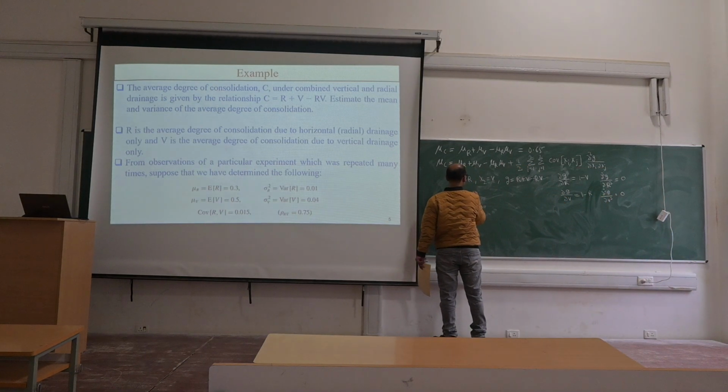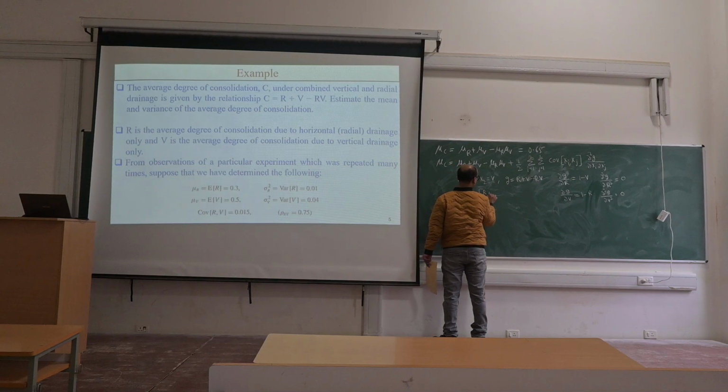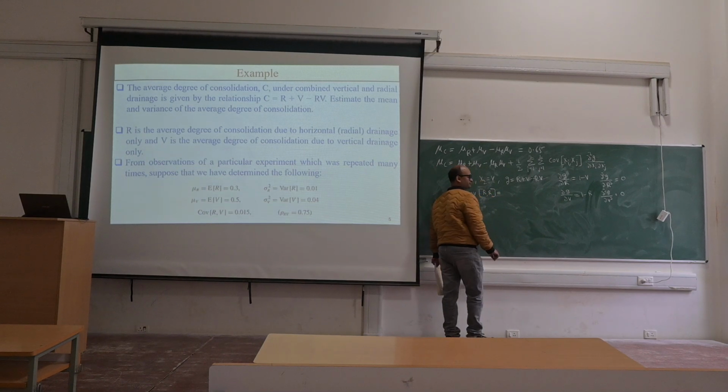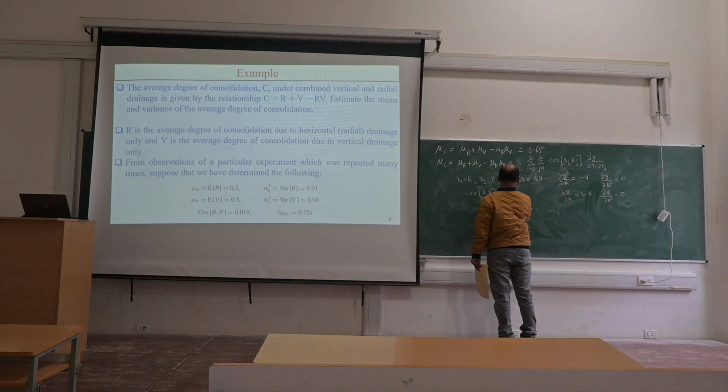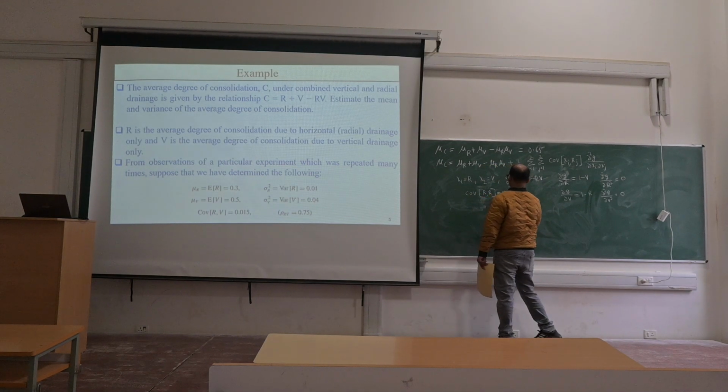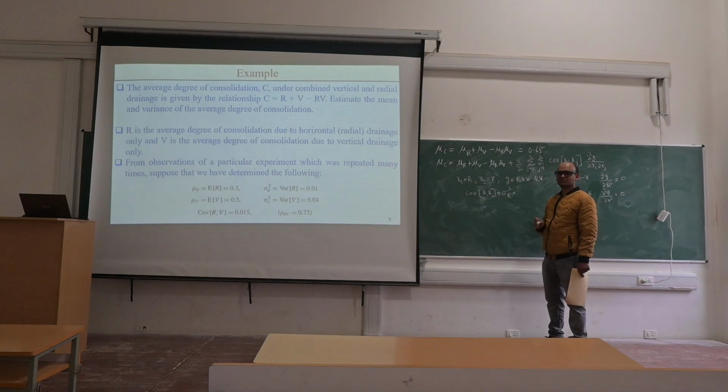Now the only thing left: what is COV RR? Sigma square R, right? What is sigma square R? 0 point.